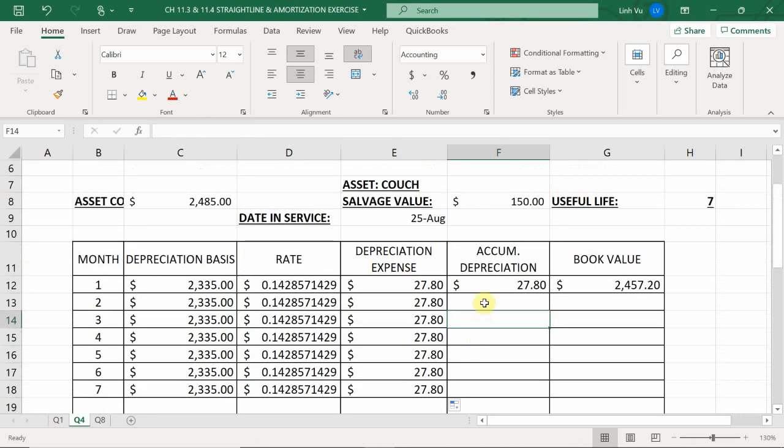So then in this case, let's go ahead and continue doing all the calculations for the accumulated depreciation.